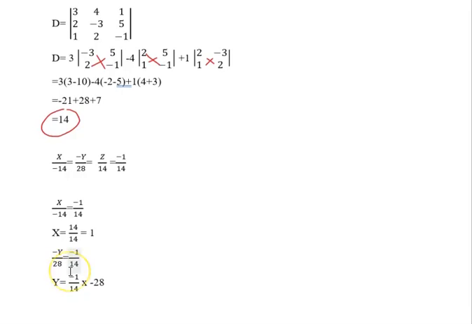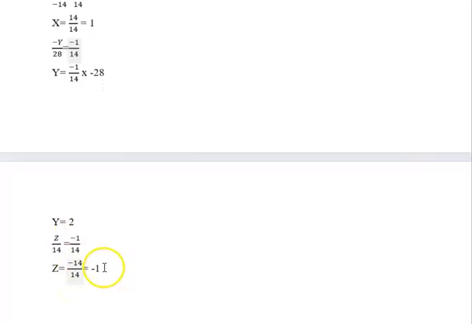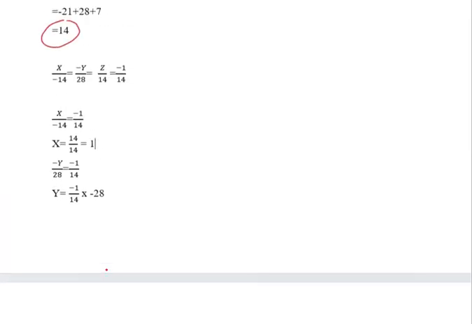You make y the subject, you get y is equal to 2. Then z over 14 is negative 1 over 14. You make z the subject, you get negative 1. And that is the solution. So y is 2, z is negative 1, and x is 1.